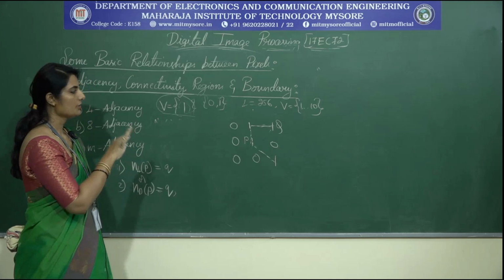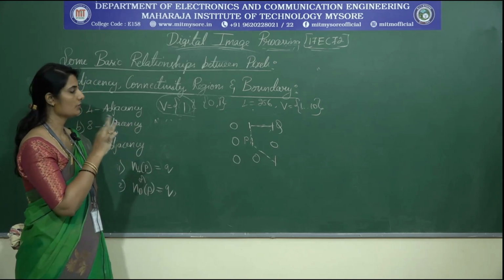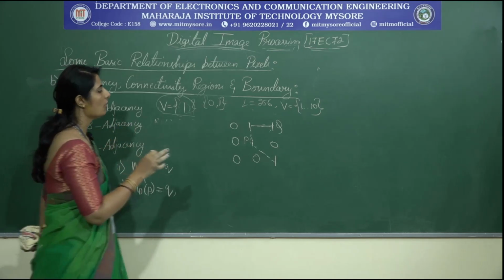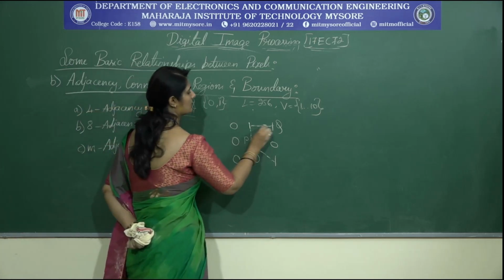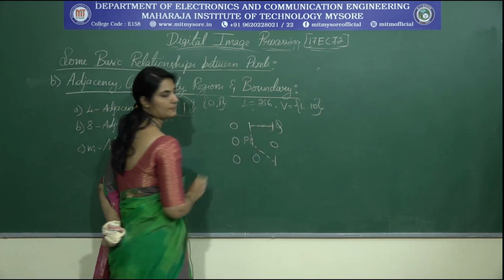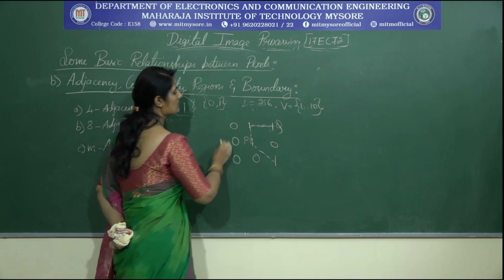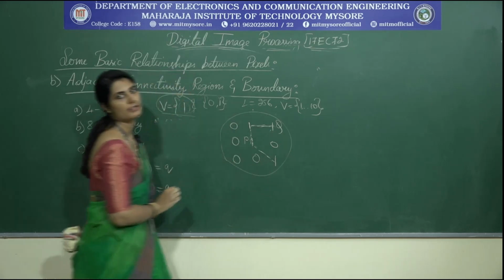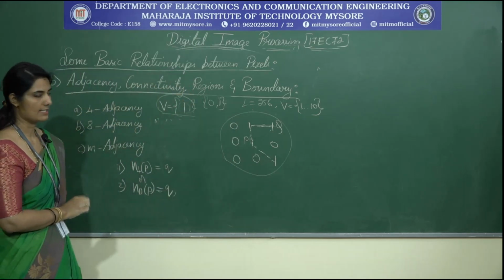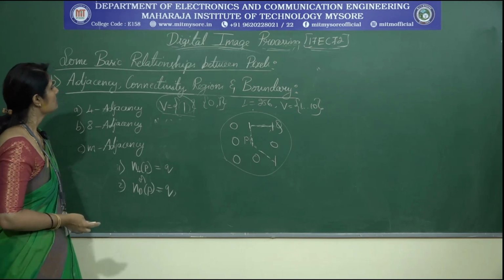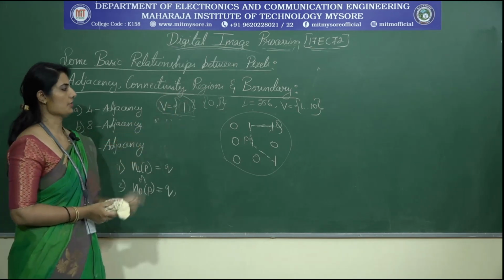Understood? So whenever you have two paths, we always prefer the 4 adjacent path. This is the M adjacency. Next is regions.